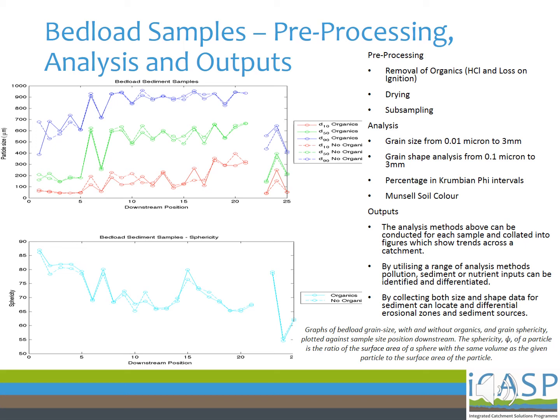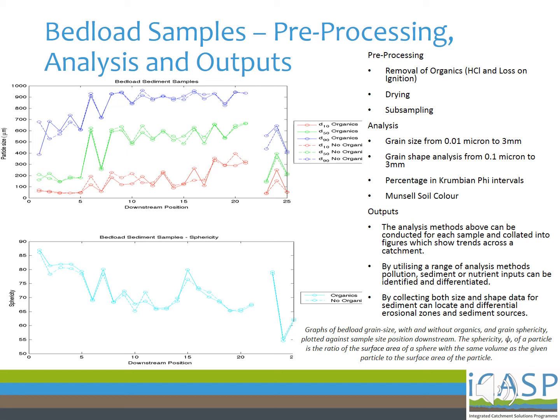This shows that there isn't very much organic material in the bed load other than at the first sampling location, and also that the particle size increases downstream up to sample site 20 and then decreases. This makes sense as sampling sites 21 to 25 were much further downstream, and the catchment was much flatter and slower moving, which allowed for the deposition of smaller grains.